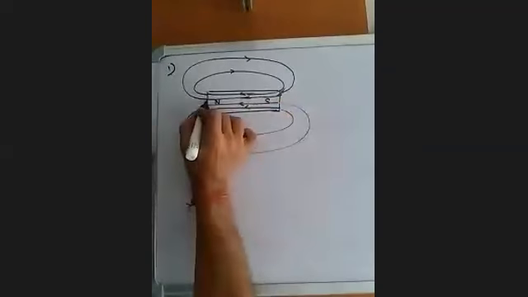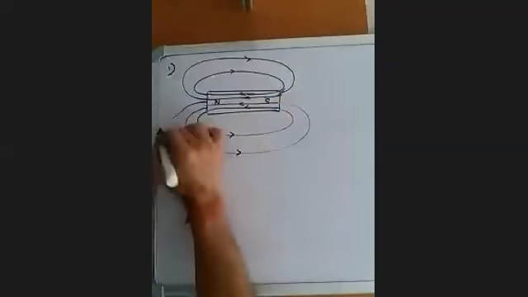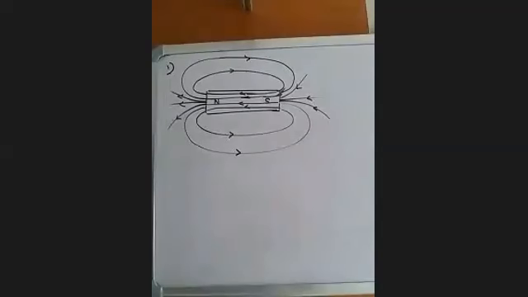Okay, and like this. Okay. Moving out and moving in. So this is how you can draw the magnetic field line around a bar magnet.